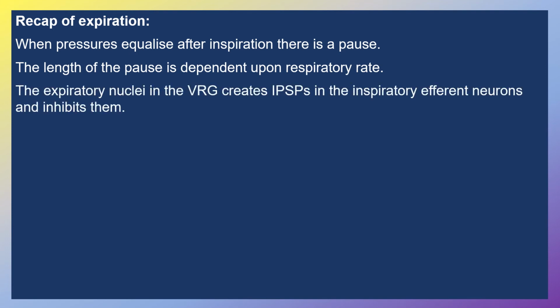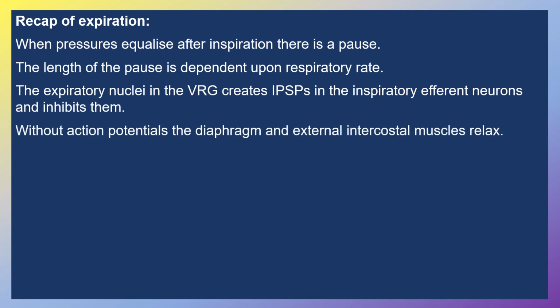The expiratory nuclei in the VRG, remember this is our Botzinger complex, create these IPSPs in the inspiratory efferent neurons and inhibit them, stopping the action potentials and stopping contraction.